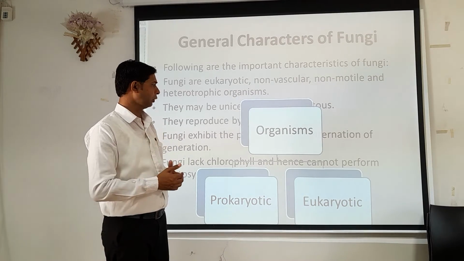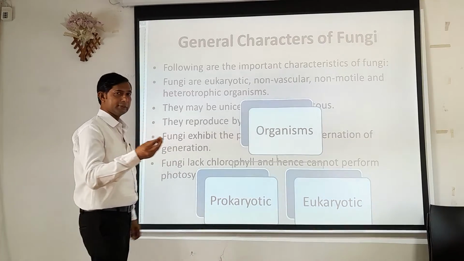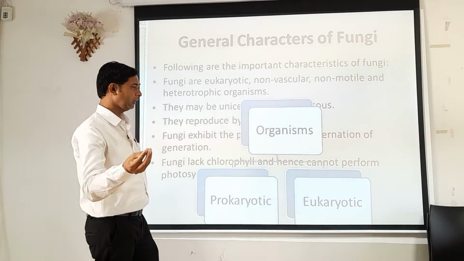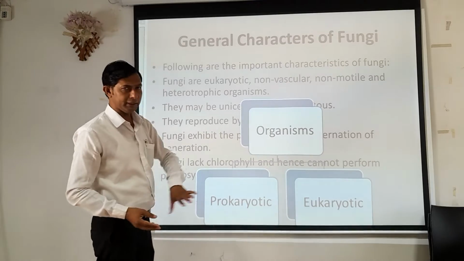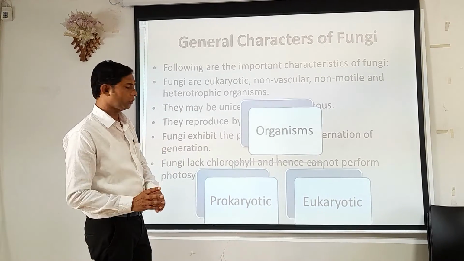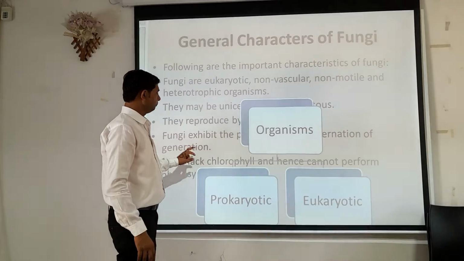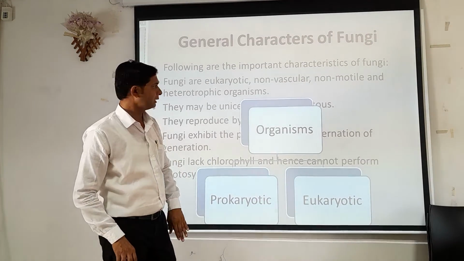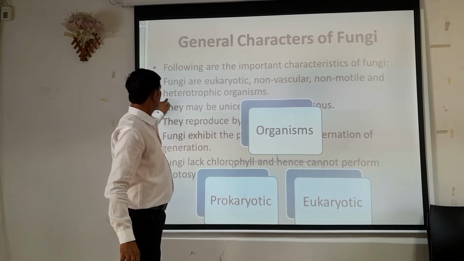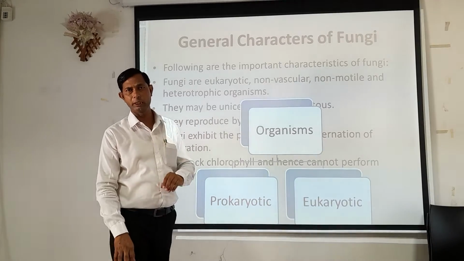Mostly black is observed, but sometimes you can see blue, white, purple. But green color is not observed in fungi because of the absence of chlorophyll pigment, and due to that they are known as heterotrophic organisms.